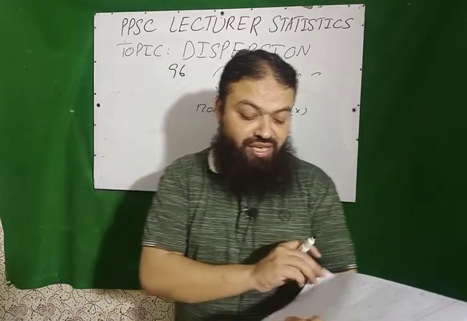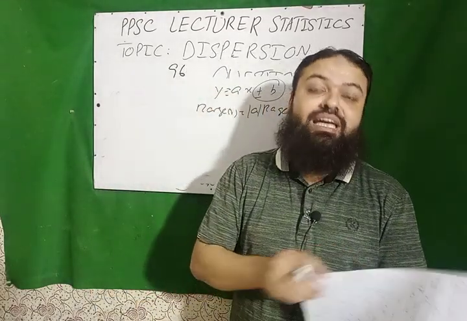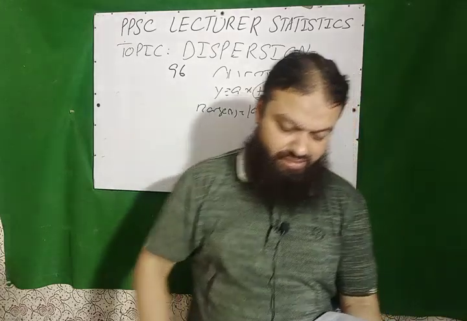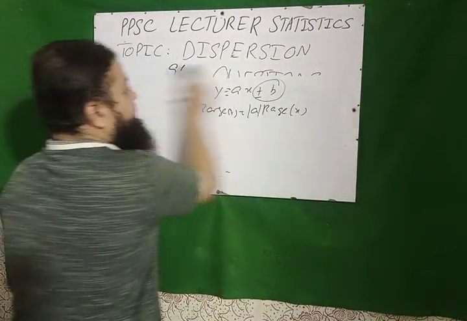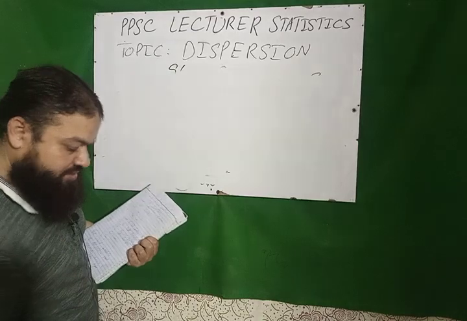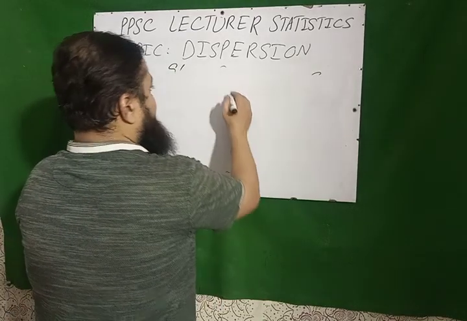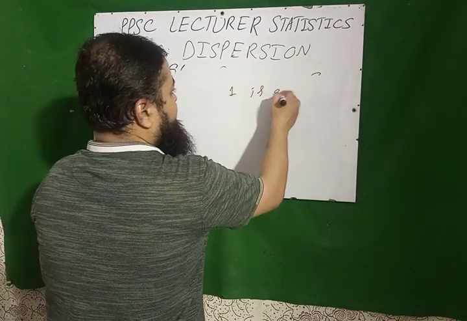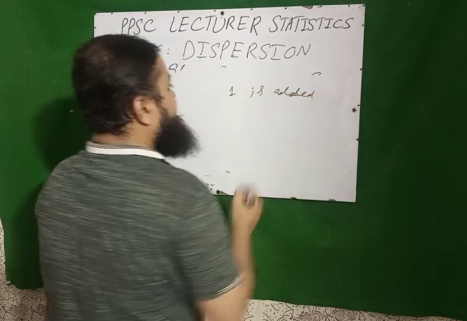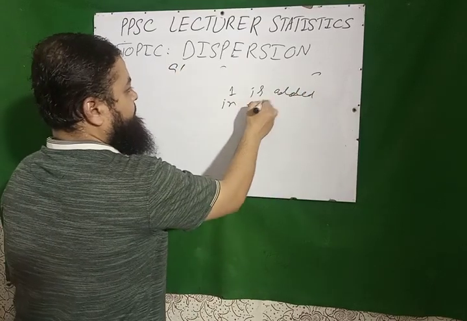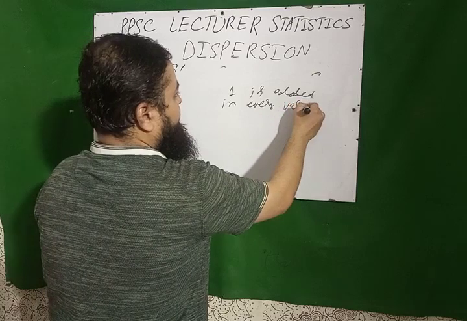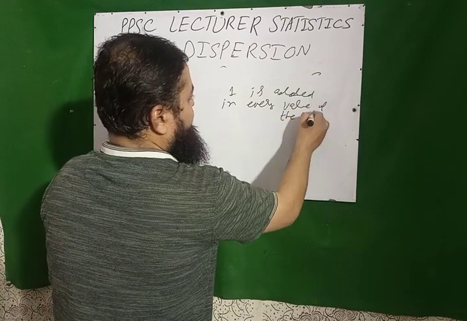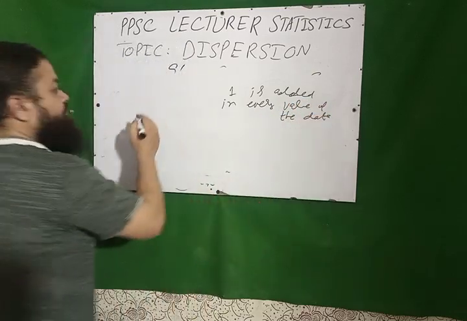Next, standard deviation has the highest degree of reliability. Next question is very important: if 1 is added in every value of the data. For example, I will prove it in front of you.